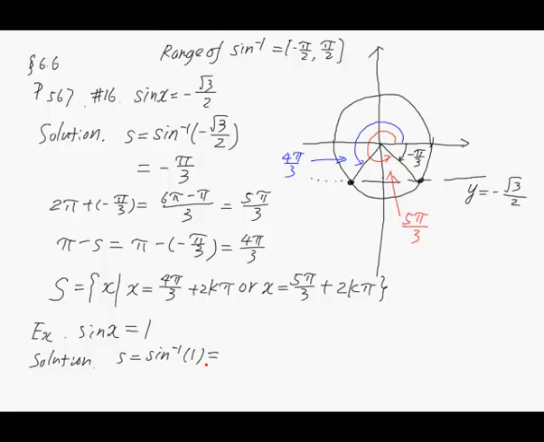What is the inverse sine of 1? Half pi, right? Half pi. And if you want to get another special solution, you may use pi minus this s, right? And in this case it is pi minus half pi. You still get half pi.